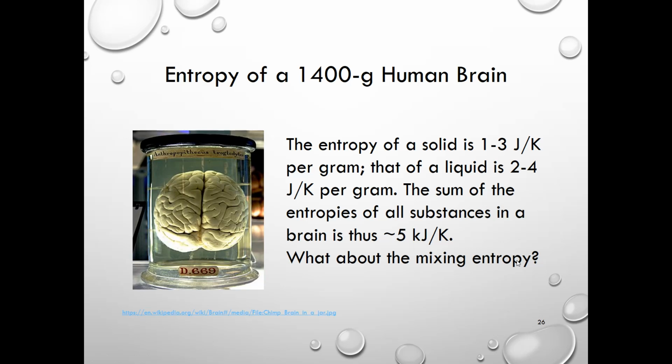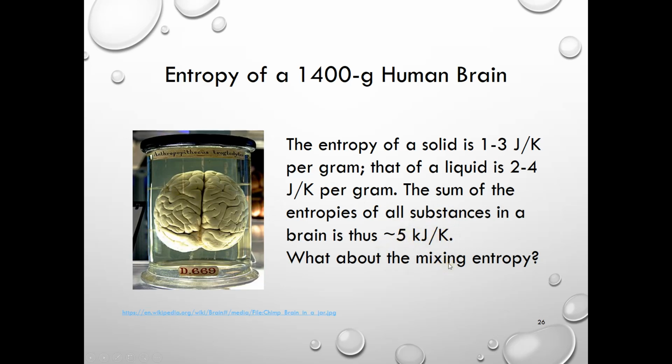So roughly, the entropy of 1 gram solid is 1 to 3 joule per Kelvin. The entropy of 1 gram liquid is between 2 and 4 joule per Kelvin. So if we sum up all the entropy of all substances of the brain, it's about 5,000 joule per Kelvin.